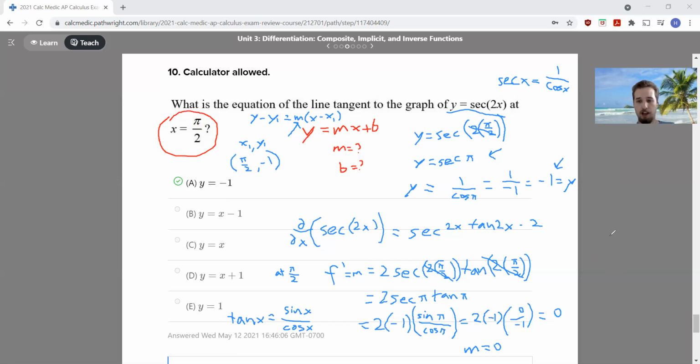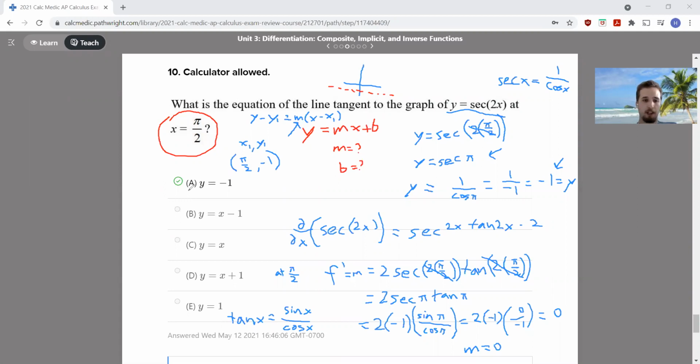So if you're looking at a graph, a slope of 0 is just a straight line. And we know that y is equal to -1. So our line is going to be at -1. This is going to be our tangent line.